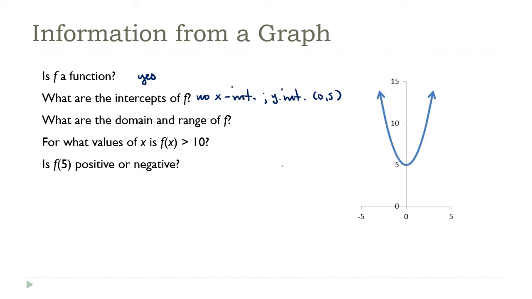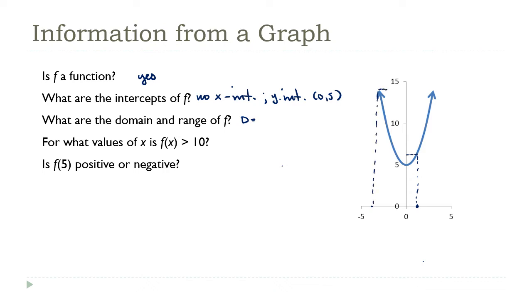So what are the domain and range of f? Well, the domain is all the x values, all the numbers on the x-axis that have a y value associated with them. If I pick this one, for example, that's in the domain because that y value matches it. And if I pick another value over here and track that up, I'm going to come right up on the edge here.